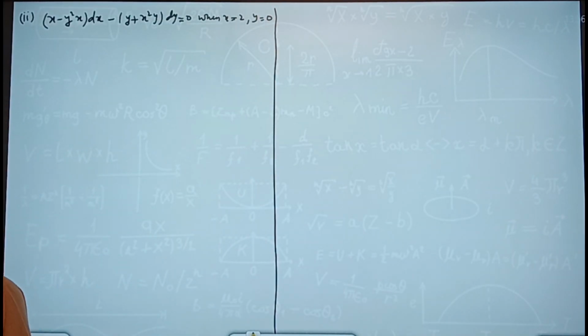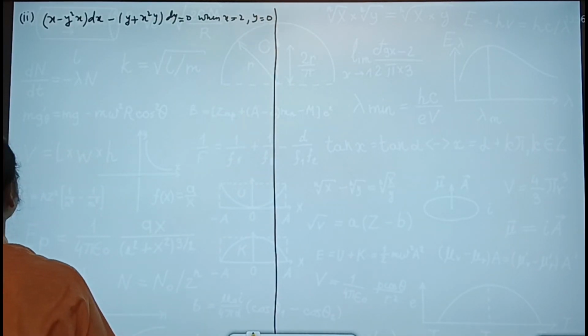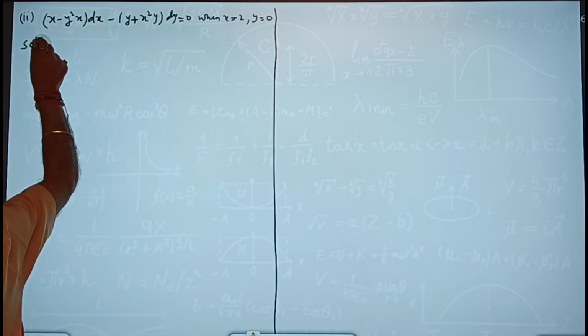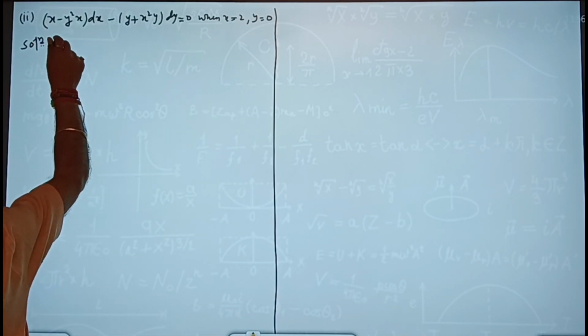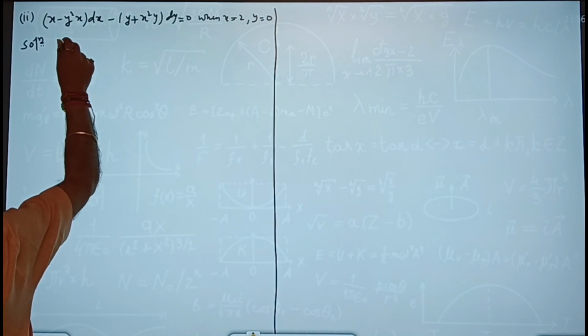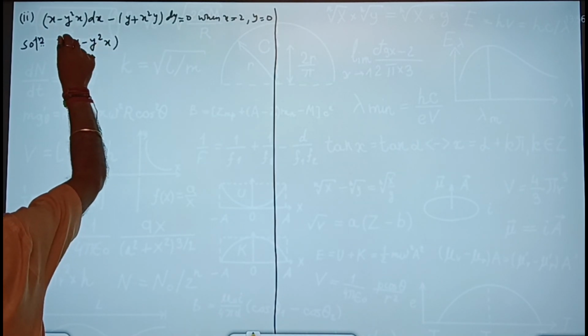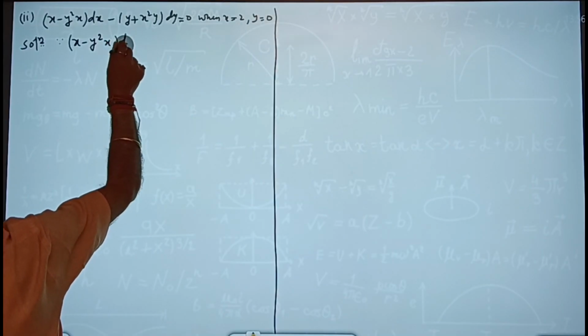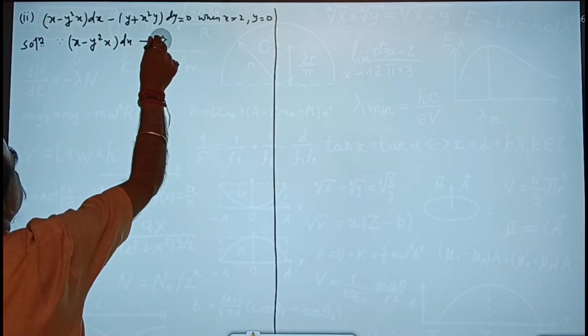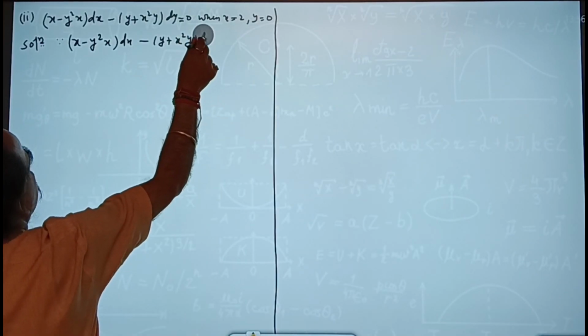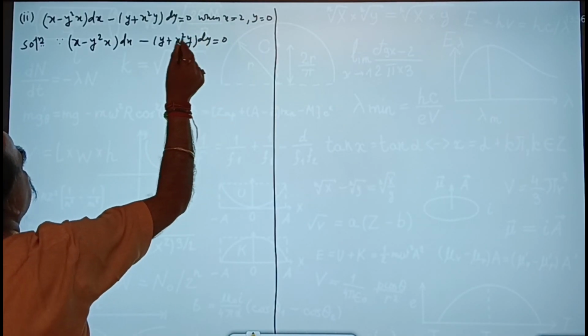This is condition to find particular solution. Since x minus y square x dx minus y plus x square y dy is equal to 0.